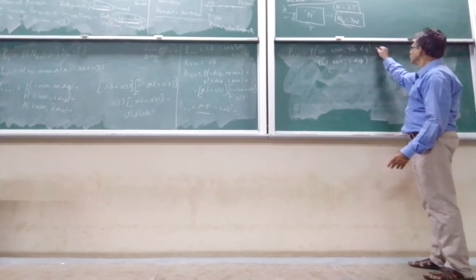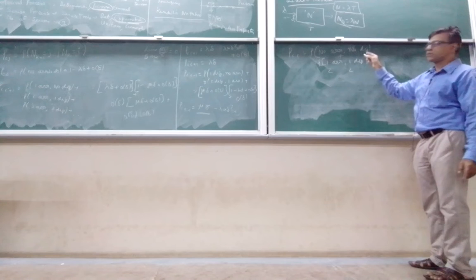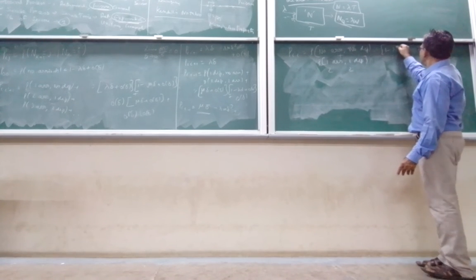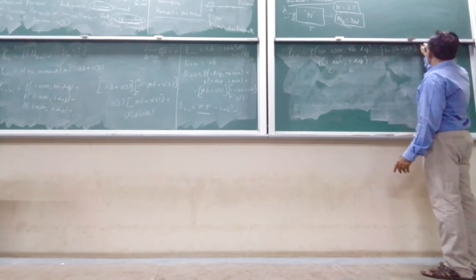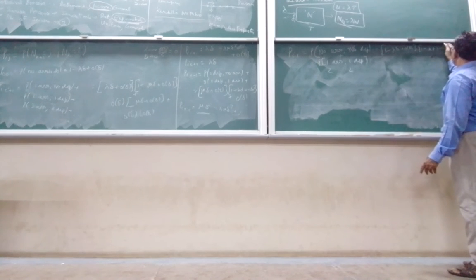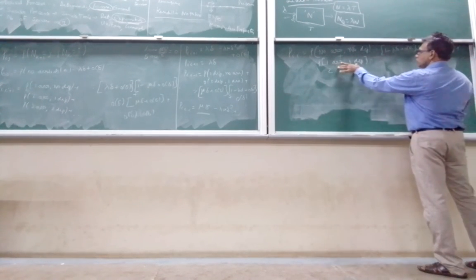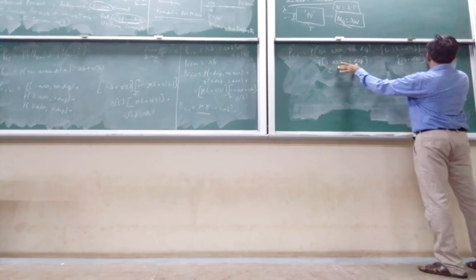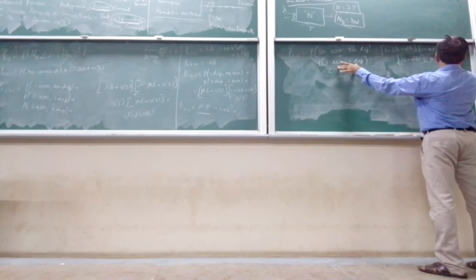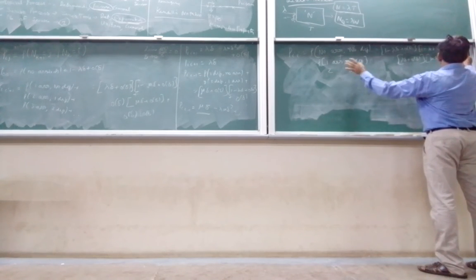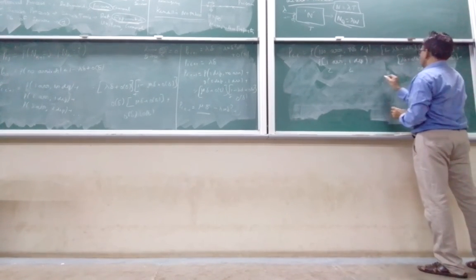What is no arrival and no departure? 1 minus lambda delta plus order delta, into 1 minus mu delta plus order delta, plus lambda delta plus order delta into mu delta plus order delta, plus all these order delta terms.